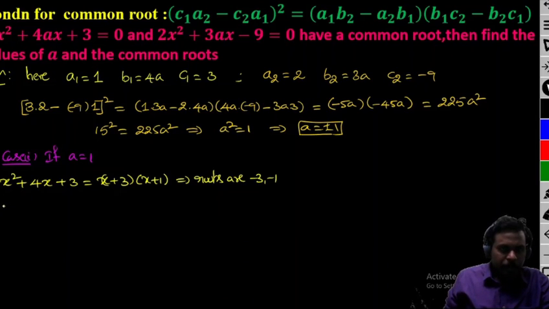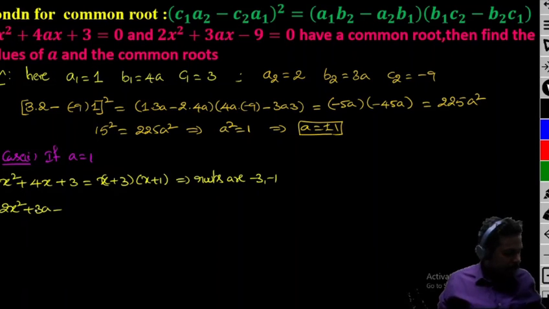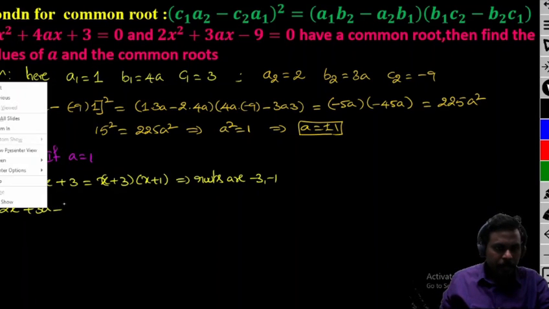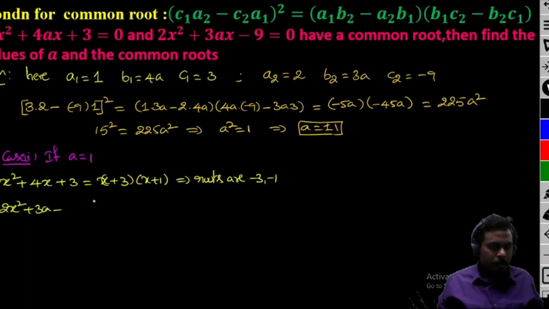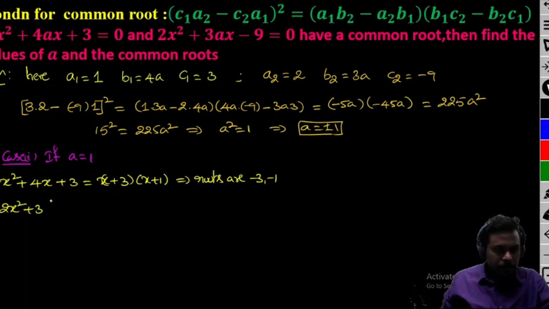Now the second equation becomes 2x square plus 3x minus 9.